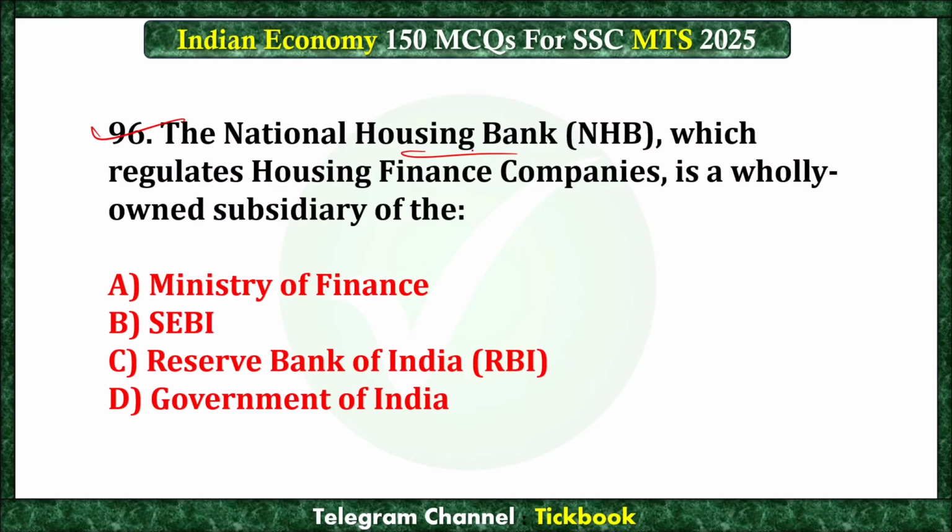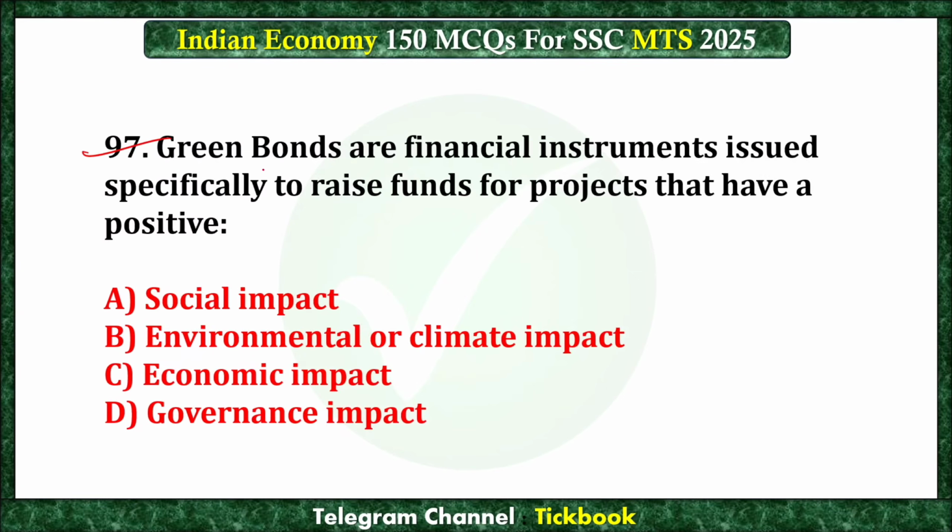The National Housing Bank, which regulates housing finance companies, is a wholly owned subsidiary of the option number C, Reserve Bank of India. 97. Green bonds are financial instruments issued specifically to raise funds for projects that have a positive option B, environmental and climate impact.